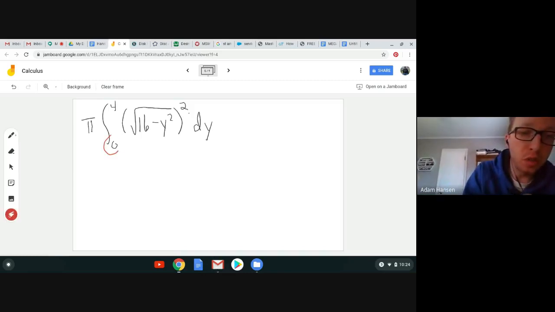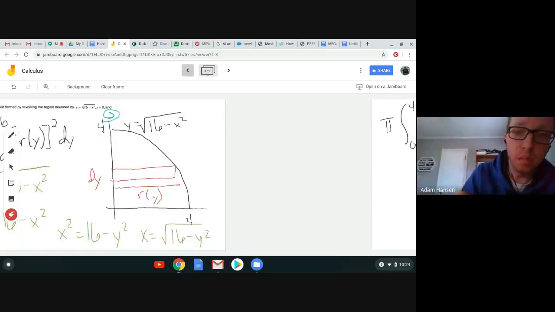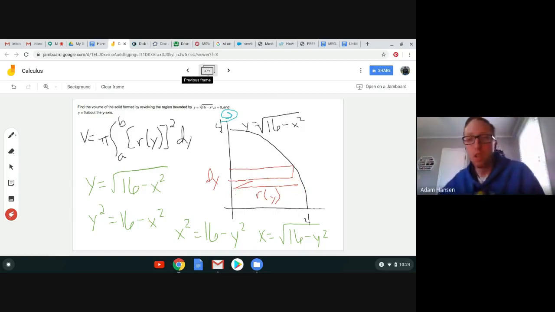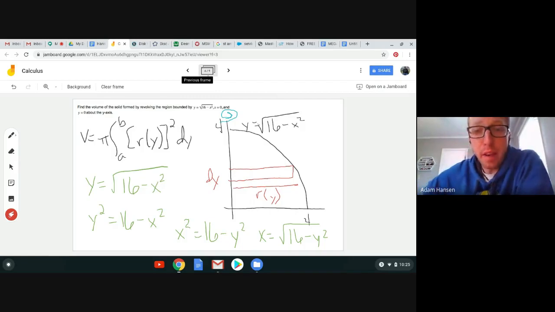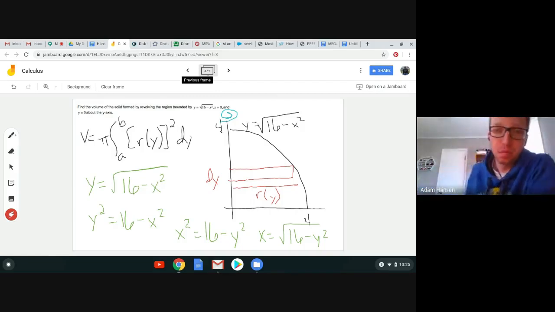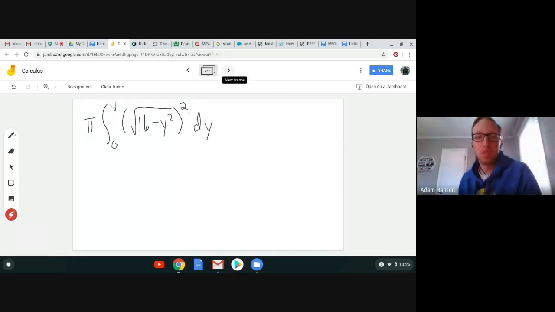I'm using 0 to 4 as the upper and lower bounds of the definite integral because it goes from 0 to 4 along the y-axis. I'm using the square root of 16 minus y squared because that would be the length out from the y-axis for any given y value between 0 and 4. Questions there?